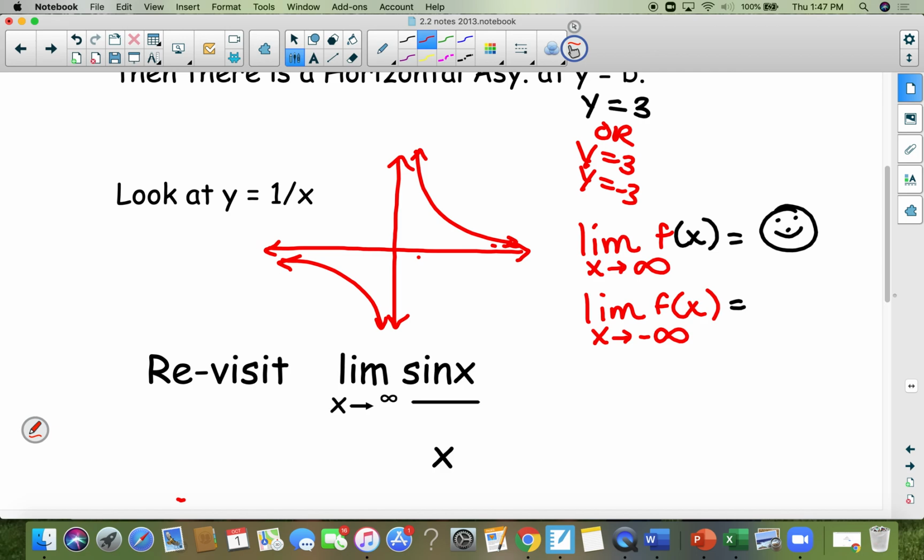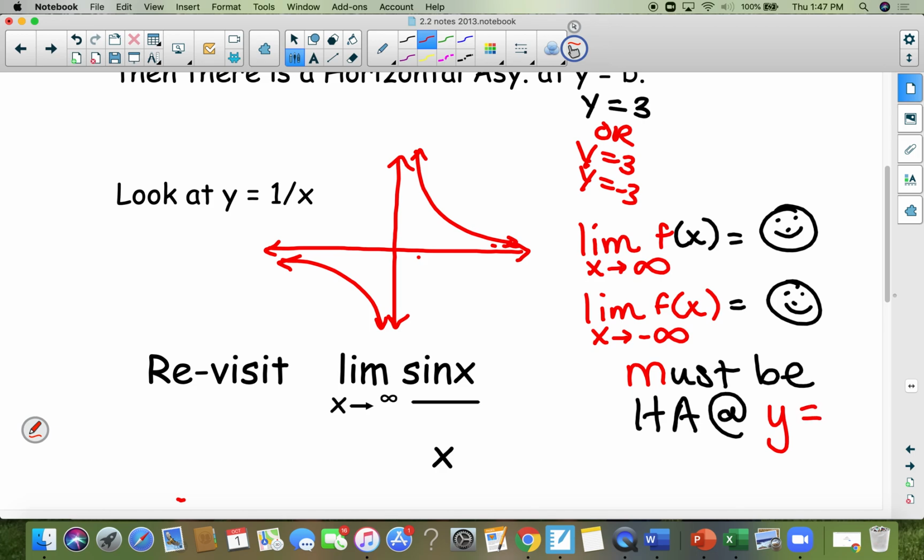The limit of f of x as x is getting smaller and smaller, what's the limit getting closer and closer to? 0. There must be a horizontal asymptote at y equals 0.